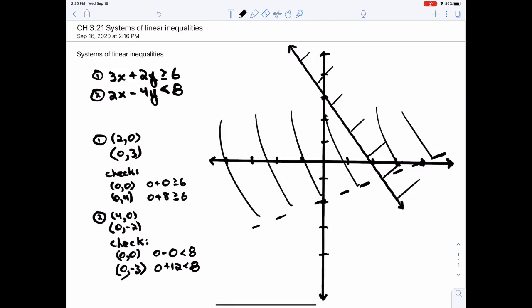Okay. Now, the question is this: where are all the points that make both statements true? Basically what you're looking at is this area up here. Now, you have to make it painfully obvious to me that you know that's where the answer is. So what you've got to do is shade in that area.